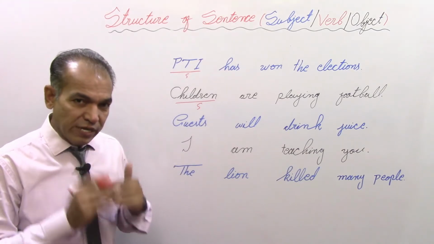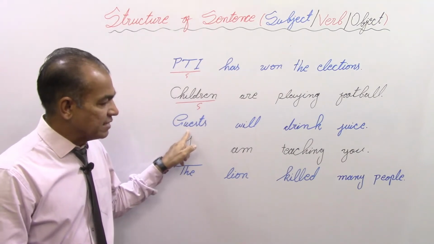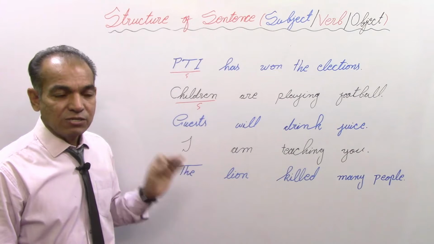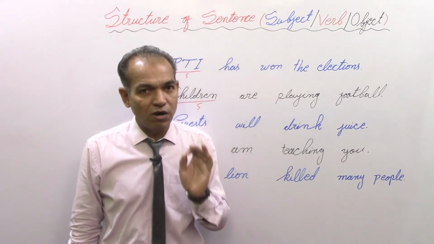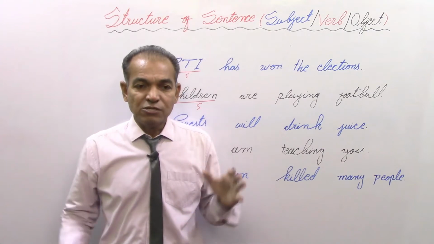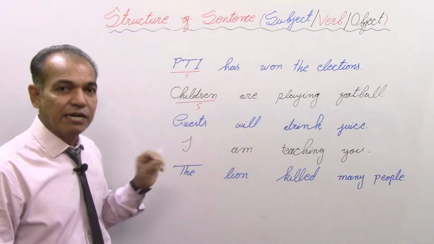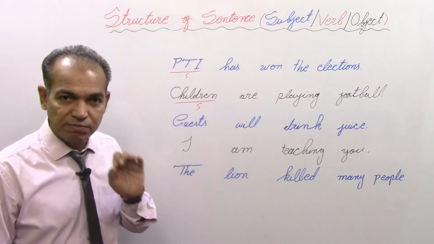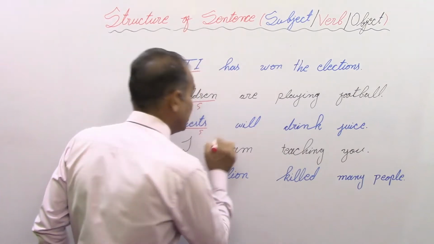Now you can see clearly that we are talking about guests in this sentence. The person or thing which is being discussed in a sentence is called the subject of that sentence. So guests are the subject of this sentence. Very easy, but very important.